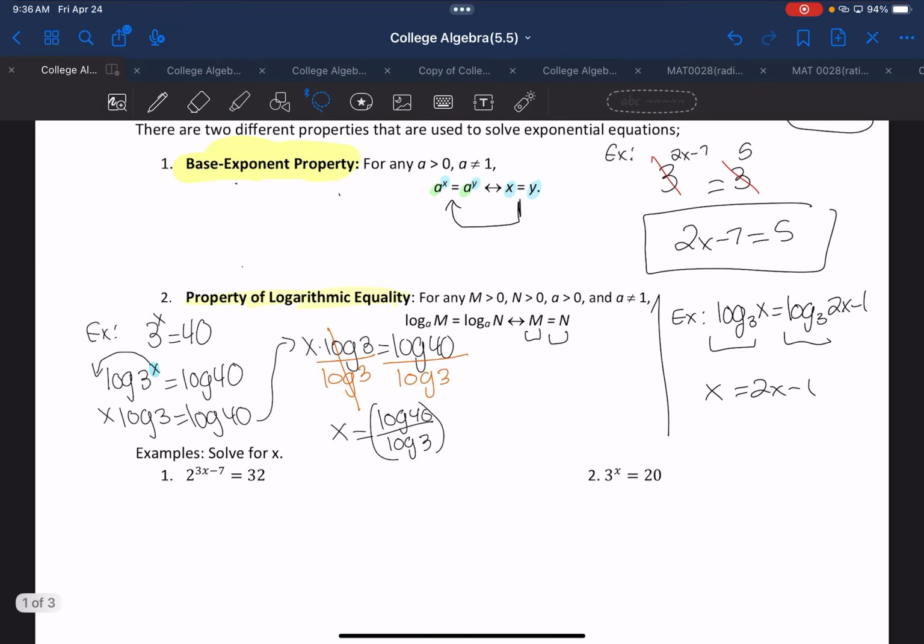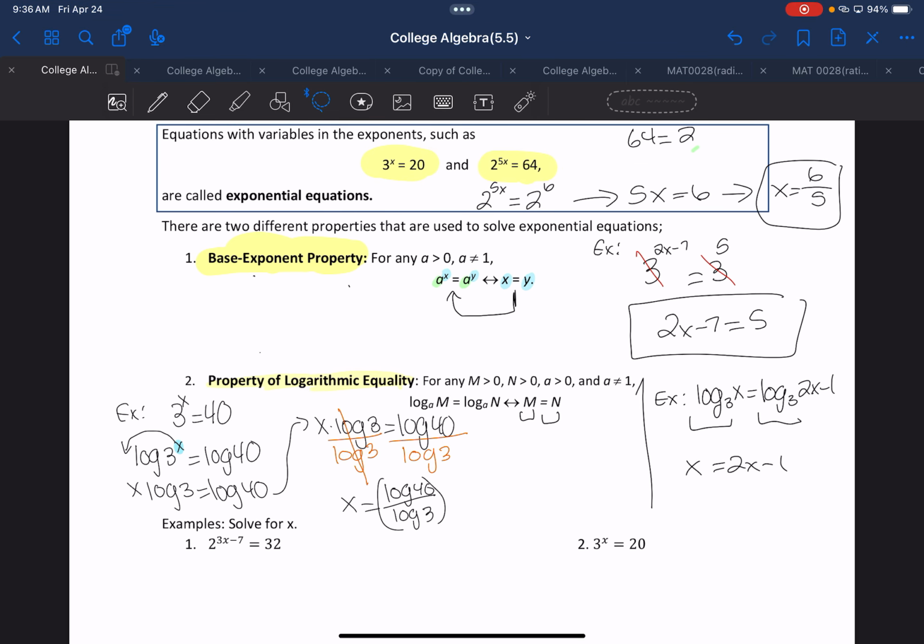Also, I do want to just mention that if you use either one of these properties, let me say this. This property number 1 can only be used if we get the bases the same. So we use this property if it's possible to get the bases the same.